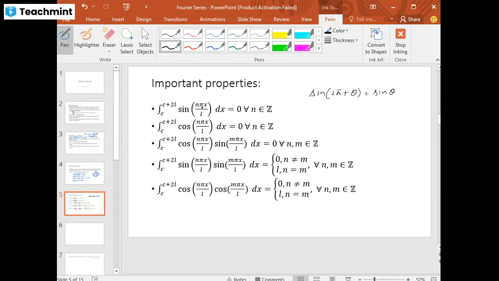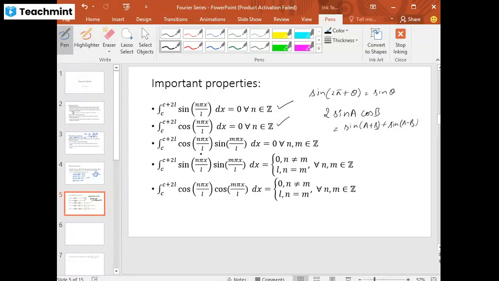So sine n pi x upon L in the interval c to c plus 2L, its value is 0 for all n belonging to integers. Same for the cosine function. And when we consider cos into sine, here we can use the property of the trigonometric function that 2 sine A cos B is equal to sine of A plus B plus sine of A minus B, right?